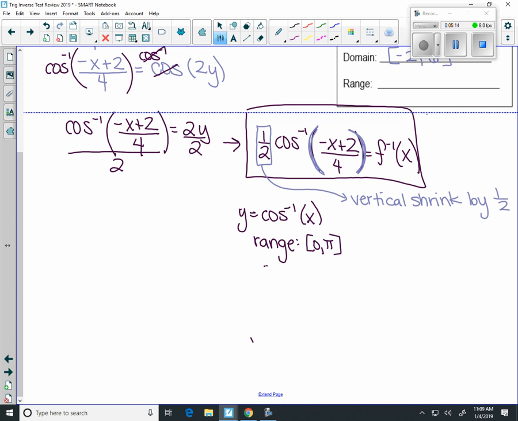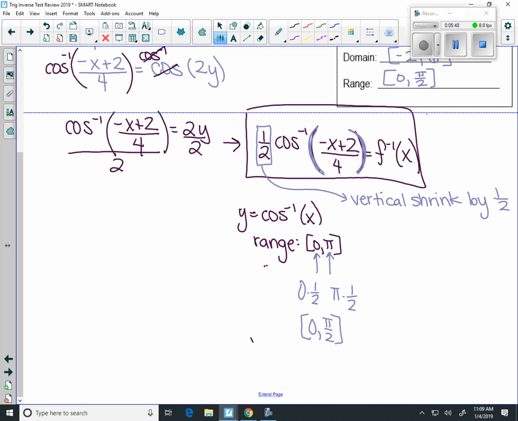Our range going from 0 to pi, we would multiply both of these by 1/2. Well, 0 times 1/2 is just 0. And pi times 1/2 is pi over 2. So my new range is 0 to pi over 2.